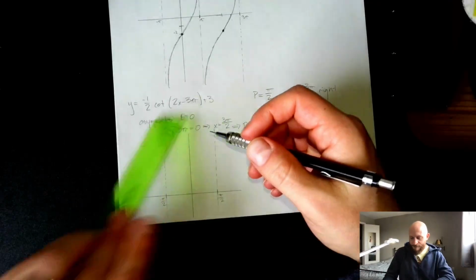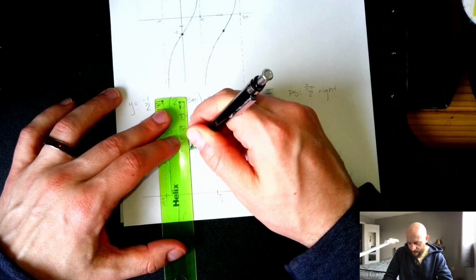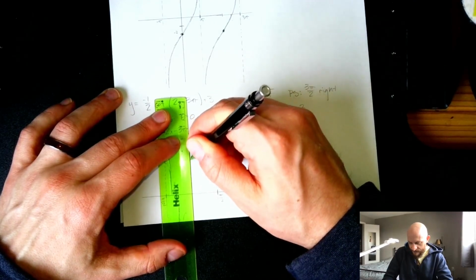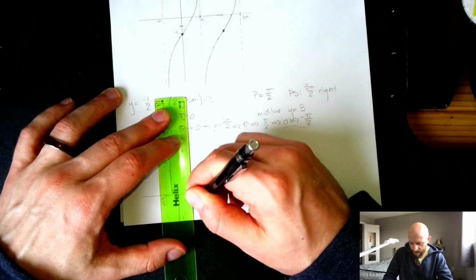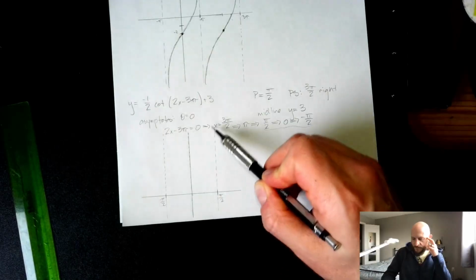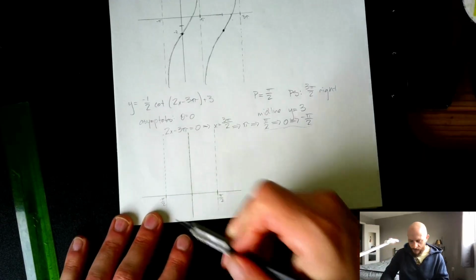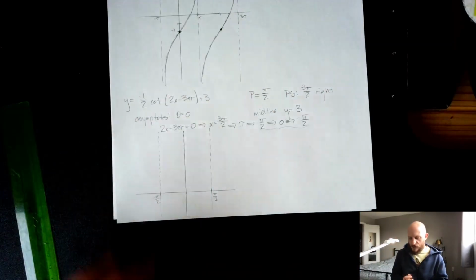And just for my own clarity, I'll put a dotted line through here. It's going to be kind of hard to see, but just so I don't get mixed up looking at my own picture and think that the asymptotes are just plus or minus pi over 2. So here are my 2 different periods where I can draw cotangent.